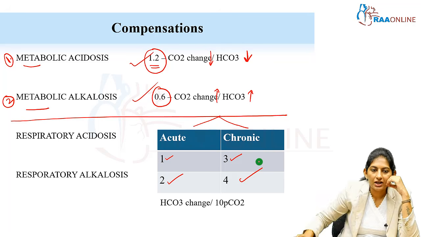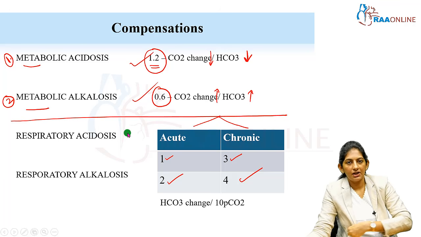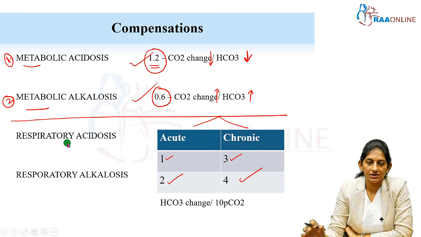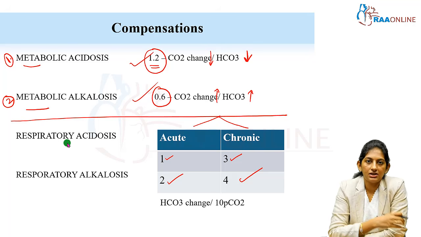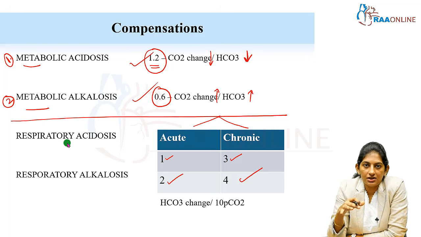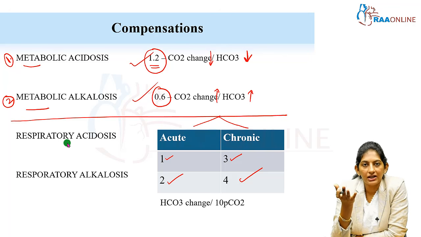I will explain how. So, there is a respiratory acidosis patient. Respiratory acidosis means what happens? PCO2 is high. Okay, so if there is a respiratory acidosis, there should be a metabolic compensation. When there is high PCO2, the bicarbonate should increase. Okay, the metabolic compensation should happen.